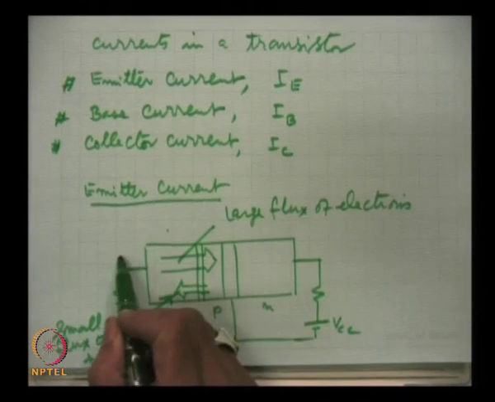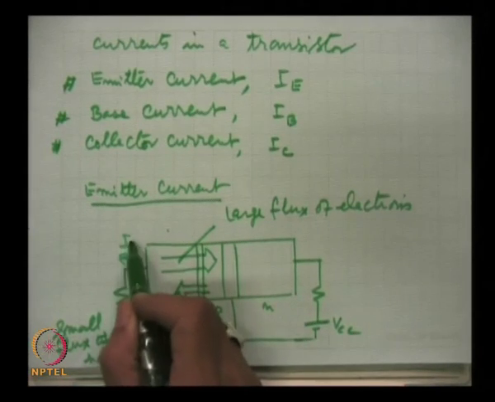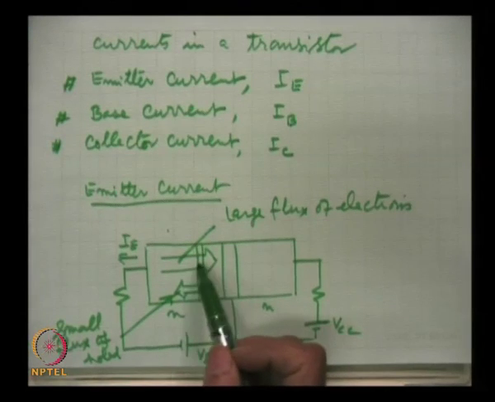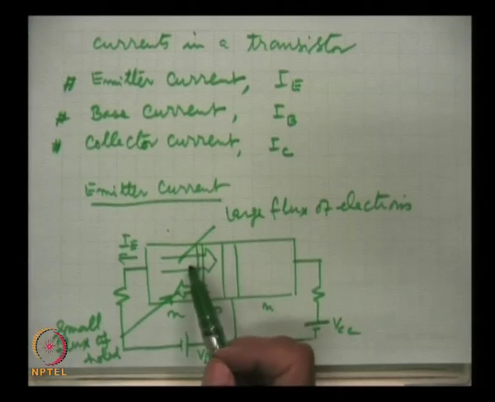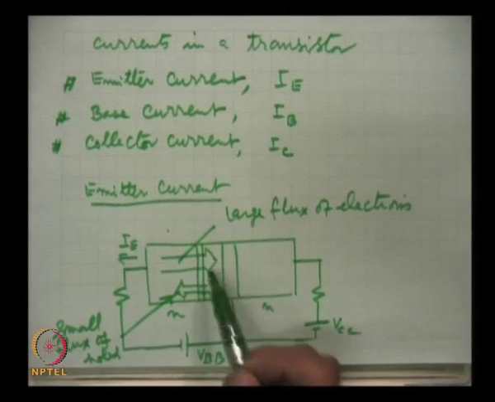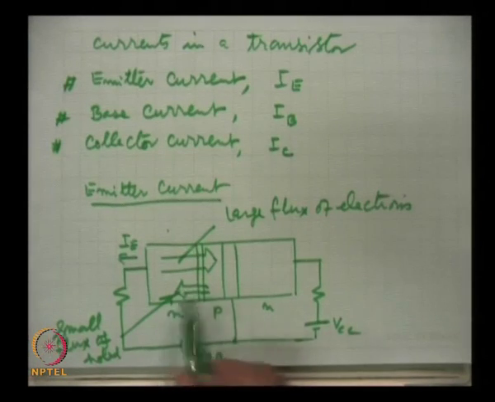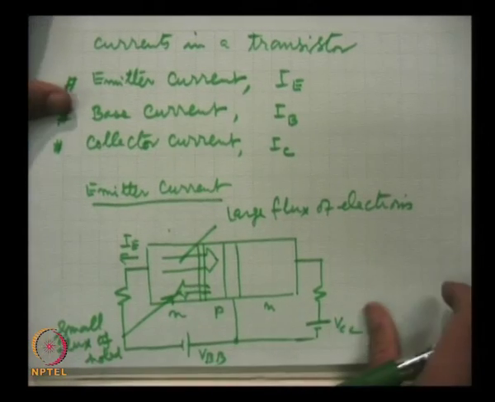So, this will be the direction of emitter current, and the two components are one arising because of the high density of electrons injected into the base, and a very low density of holes which are injected from the base towards the emitter.